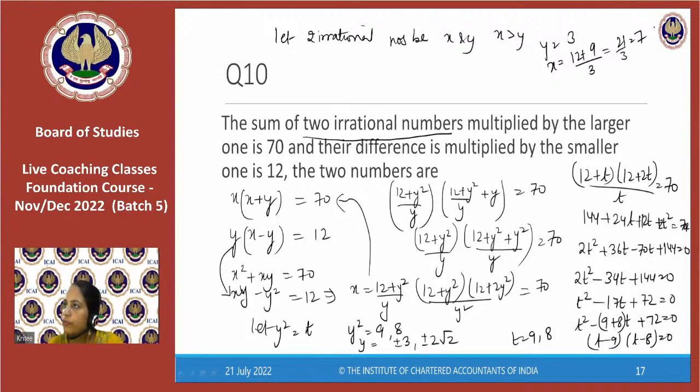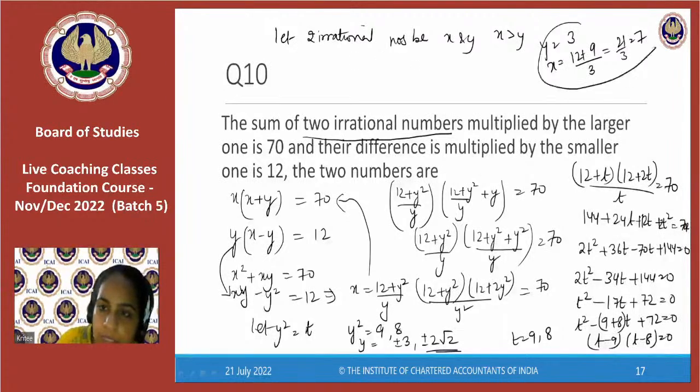Sum of... Okay, so this is coming as a combination of a, we are saying irrational number. So we'll pick up irrational number here. We'll not talk about the other numbers.